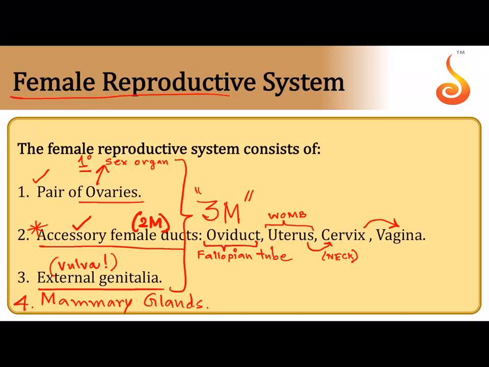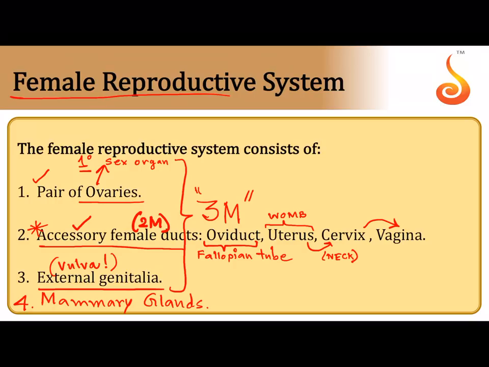So then you have to mention, please take down, female accessory ducts: oviduct, better call it fallopian tube, uterus, common name of uterus is womb, cervix. Cervix is the neck of the uterus, the narrowed portion of the uterus. And then finally, the vagina, the vaginal canal.